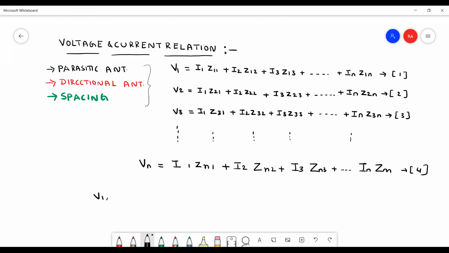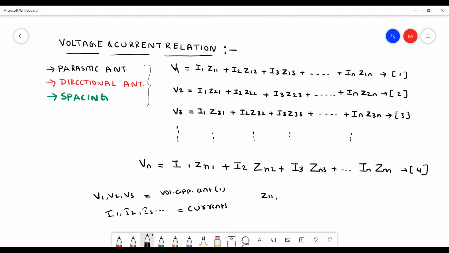So here V1, V2, V3 are the voltages applied to our antennas, and I1, I2, I3, I4 are the currents.